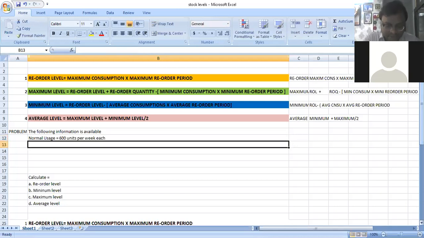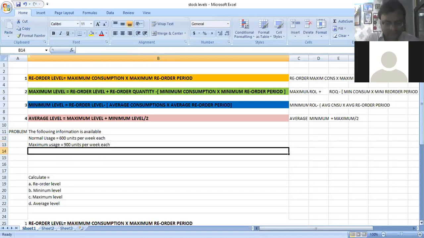Then maximum usage, 900 units. Then minimum usage, that is 300 units per week.